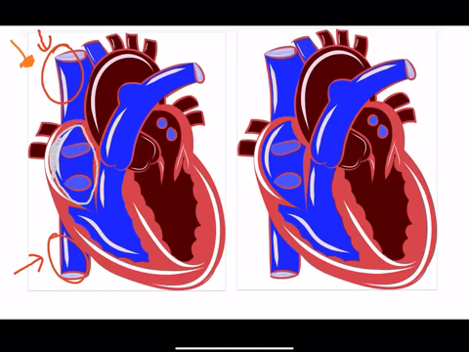So this is the right atrium of the heart. Now the right atrium has a lot of deoxygenated blood from the body that the vena cavas have brought in. We're going to label that as step one. Let's write that down real quick.